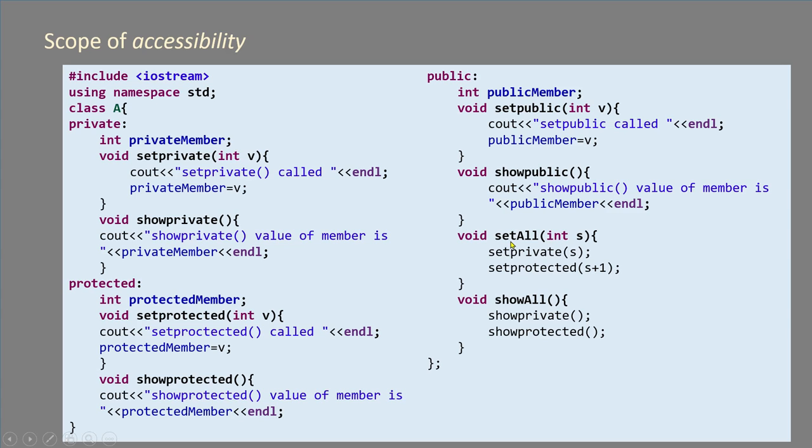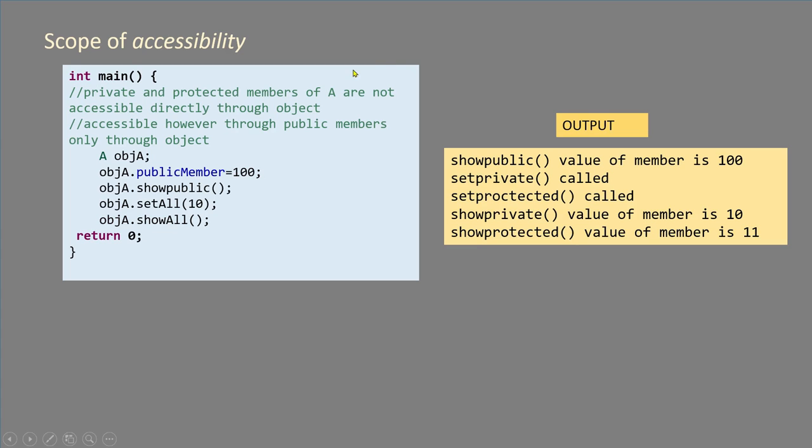I have also set all, that sets the private value and the protected value. Show all shows the private and the protected value. I have not used set public because I can set this value outside and I can also print it outside. Here is the main.